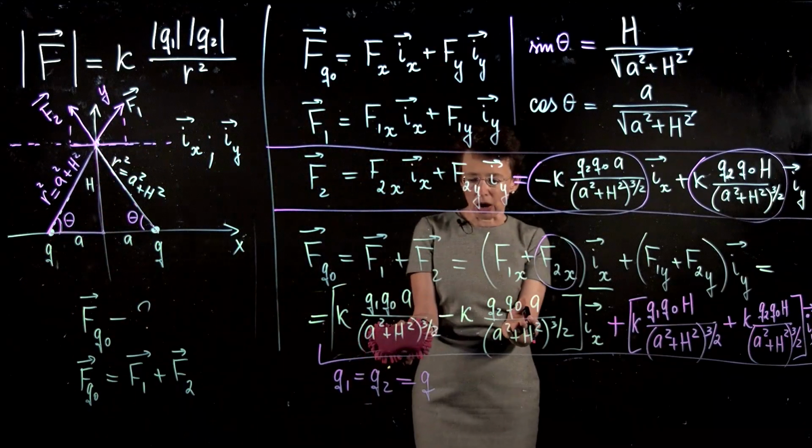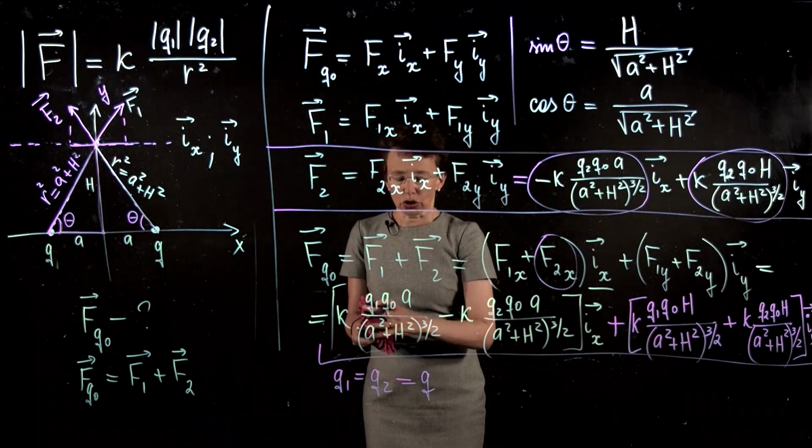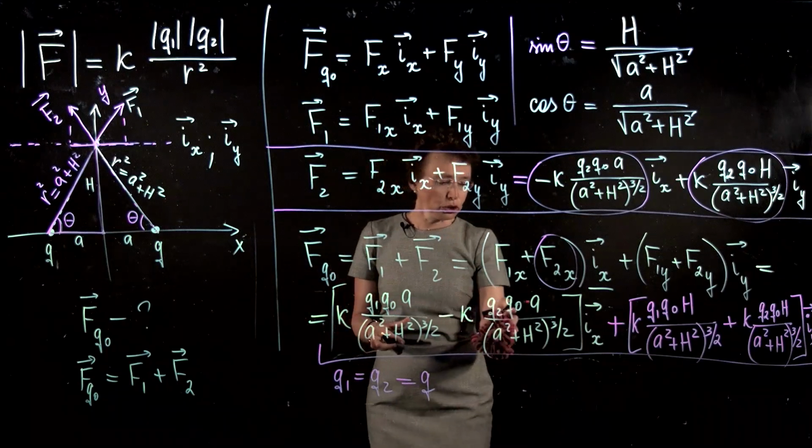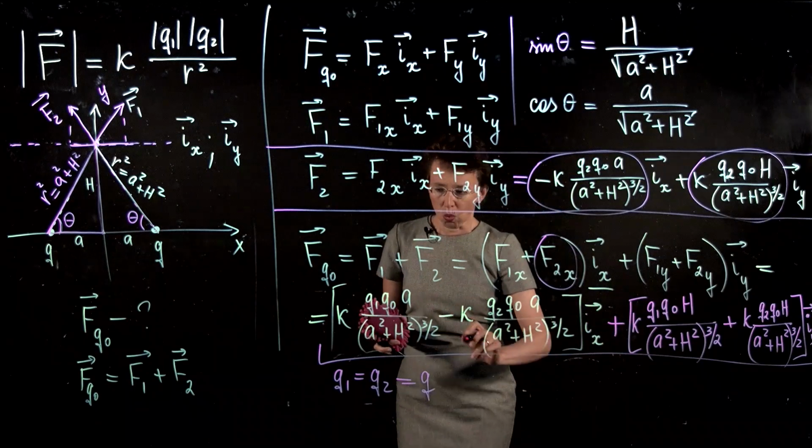And if you look at our formula, you will immediately see that. What I have here is Q naught, Q naught. These two guys cancel each other, and all we have is y components.